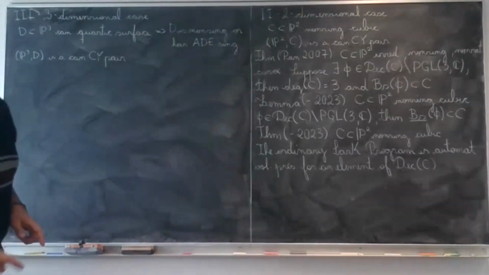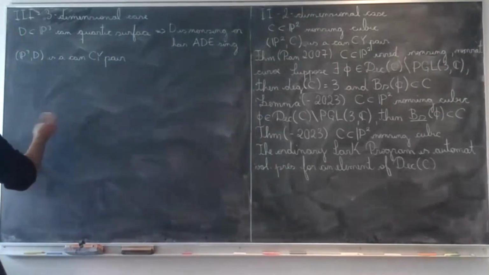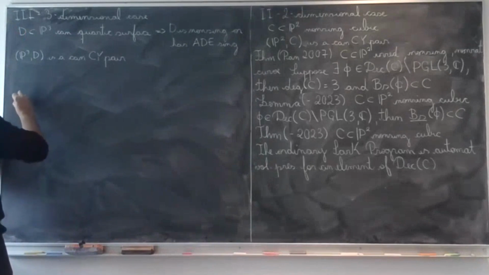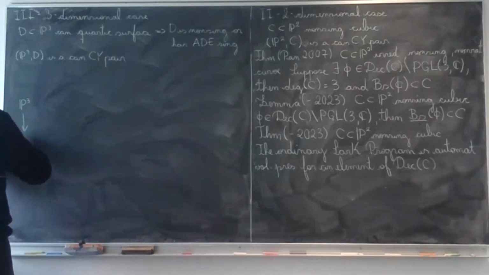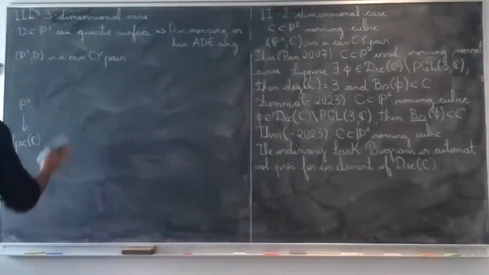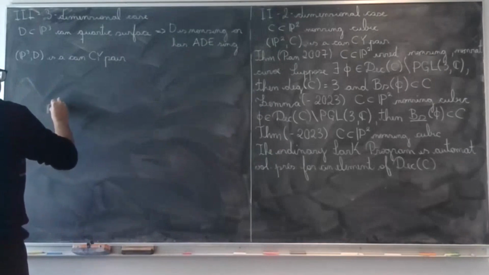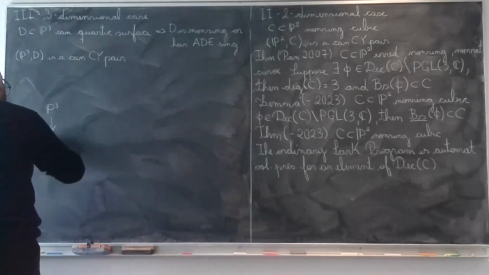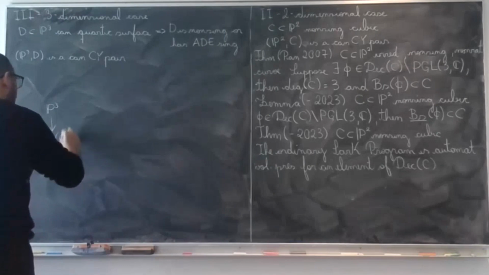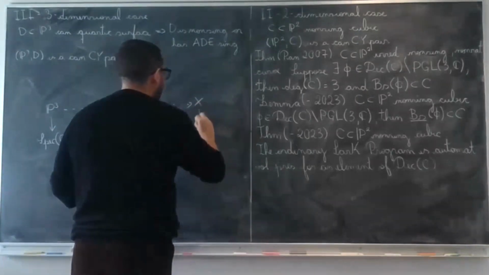And now assume that we have a birational map from P3, where here I am putting the structure of Mori fiber space, to another Mori fiber space.